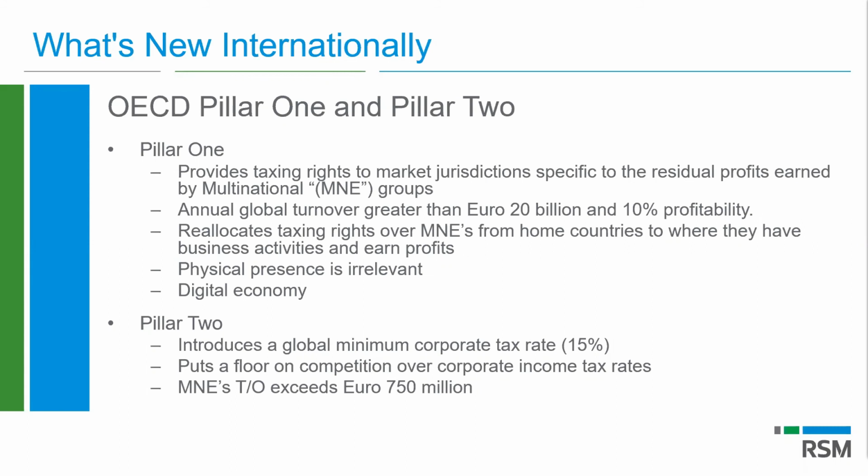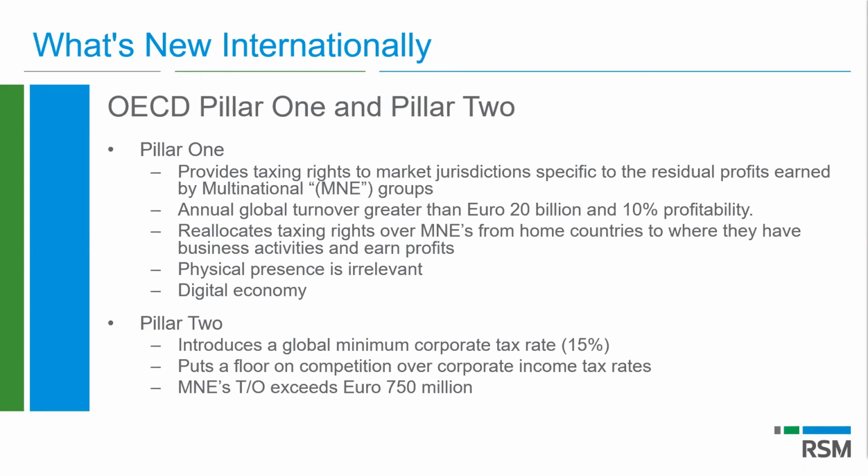Pillar 1 really looks to provide taxing rights to market jurisdictions based on a concept of residual profits that are earned by multinational groups. Currently, it is envisaged that this will only apply to multinational groups with annual global turnover greater than euro 20 billion. So it applies to very few and that are achieving a 10% profitability.